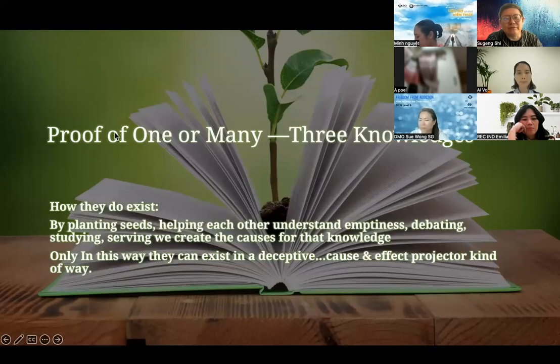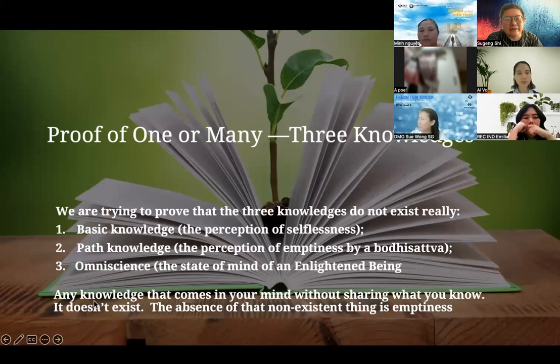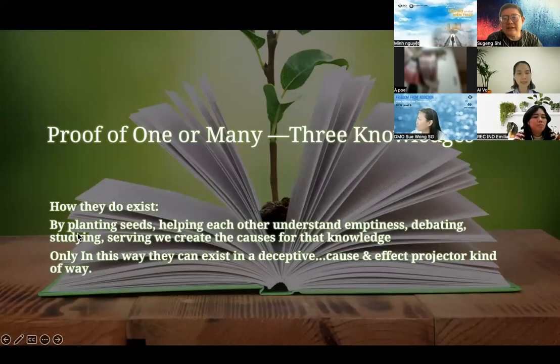How do we prove not one nor many? How do they exist? We say that they do not exist: any knowledge that comes in your mind without sharing what you know doesn't exist. What does exist? We need to plant seeds, helping each other understand emptiness, debating in the form of question and answer, studying, and serving.